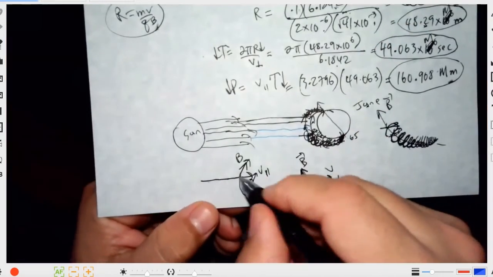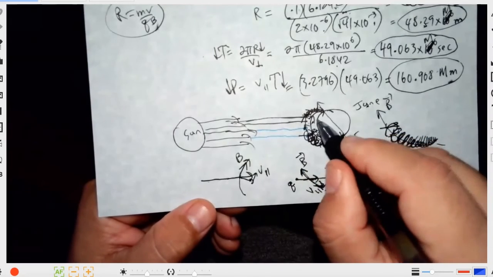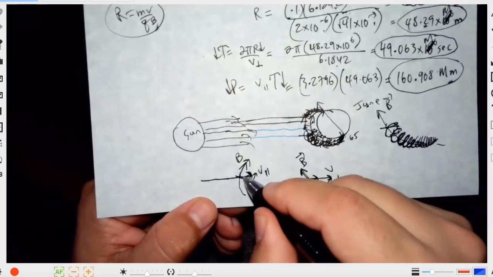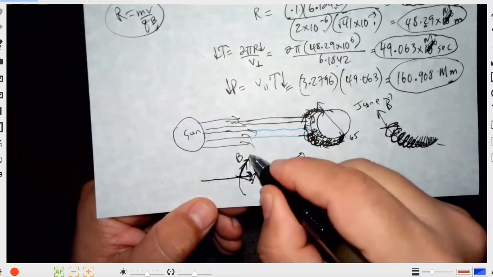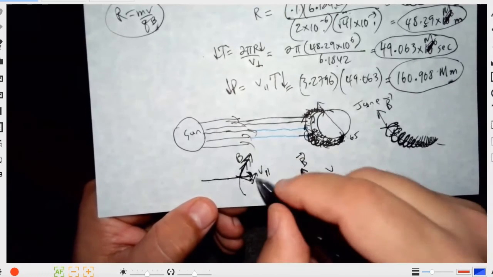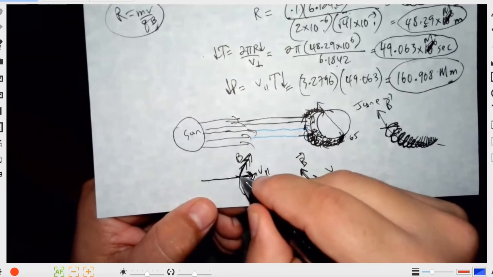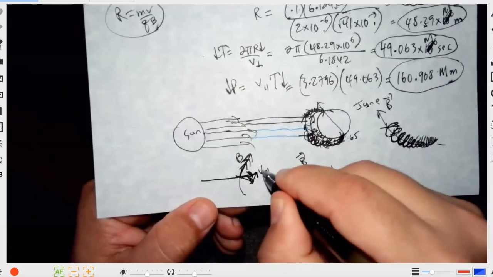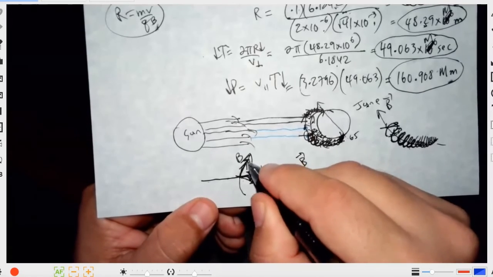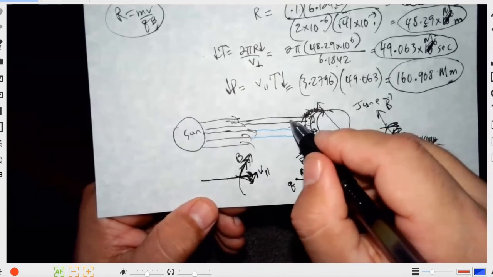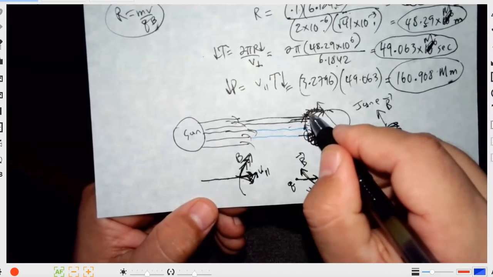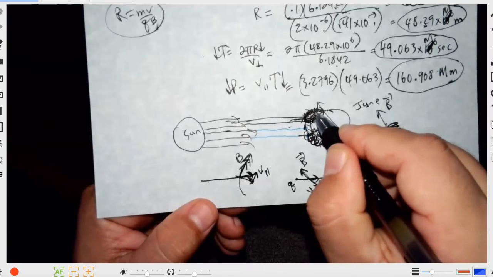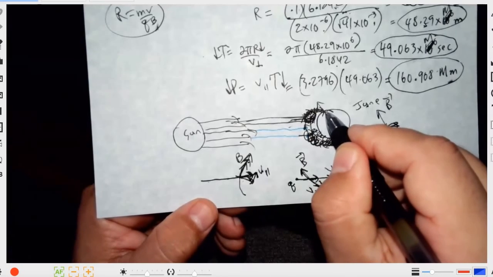You see, so in order for the charges to go this way, they come in like that, and this is the B field, and if this is their V, this is the perpendicular component. So in order for the parallel component to be parallel to the B, it would have to be the solar wind particles that are coming way over here to the northern section, and then they can go that direction.